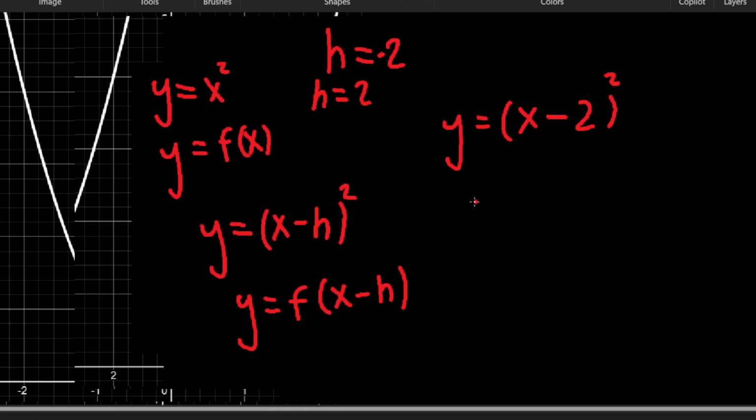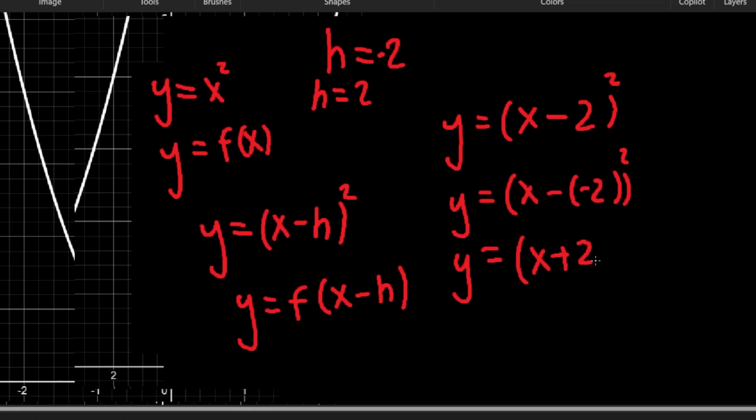But if h is equal to -2, so y equals x subtract -2 squared, then it's going to move left, since -1 times -2 is positive 2.